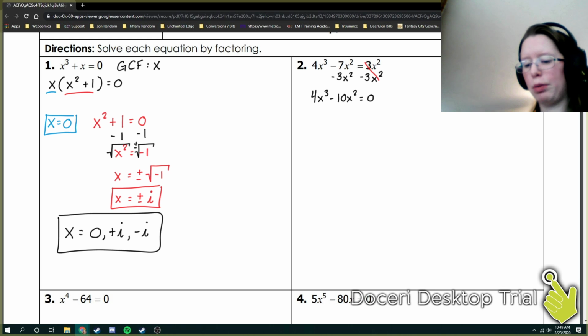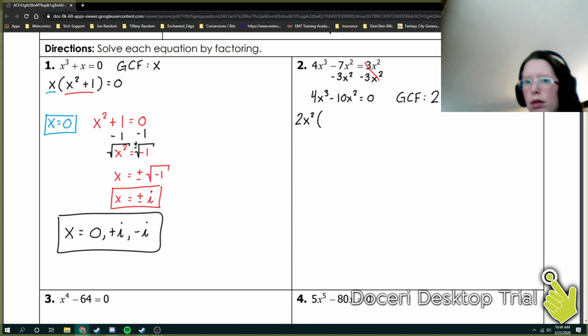Again at this point I check for a GCF, a greatest common factor. This one does. The largest number that goes into both 4 and 10 is 2, and the largest power of x these have in common is x squared. So I'm going to take that out.